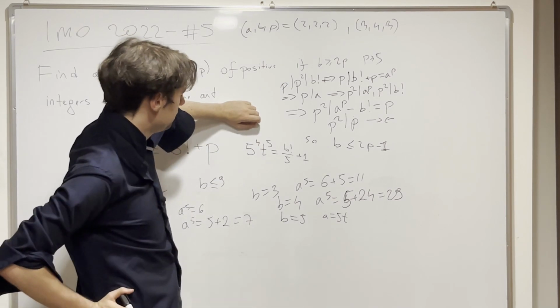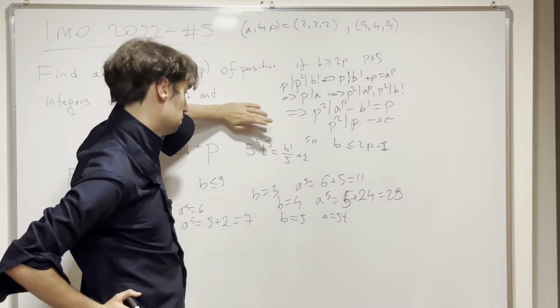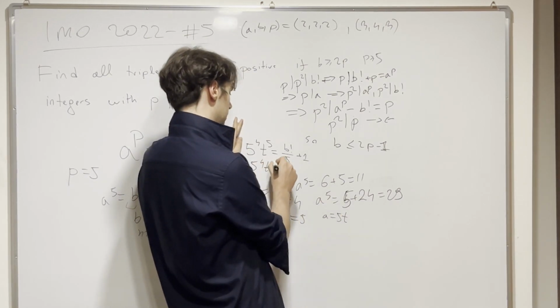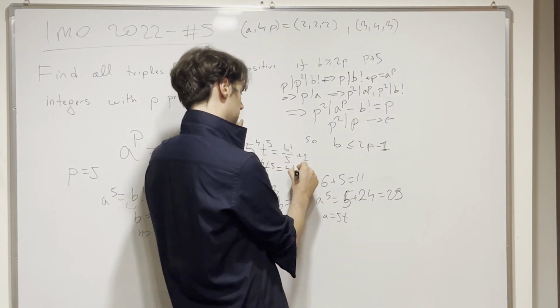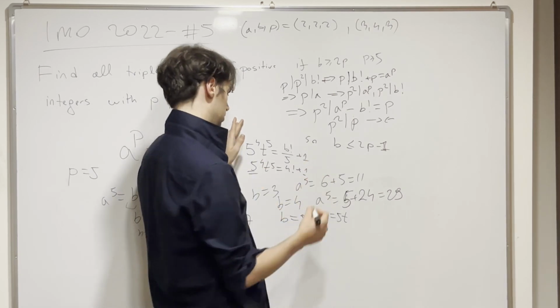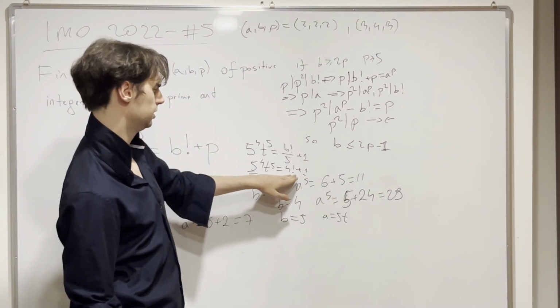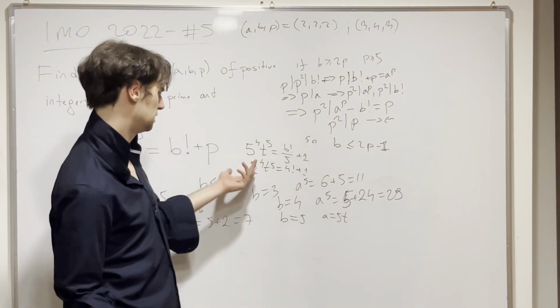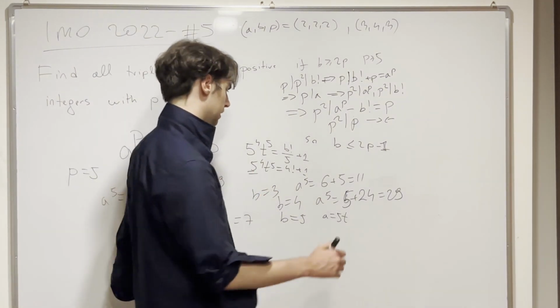And now I might even be able to get away with a size argument. So for b is equal to 5, what do I have? I have 5 to the 4th, t to the 5th is 4 factorial plus 1. Yeah, this is a straightforward size argument. This is bigger than this. Even times t doesn't really change anything.